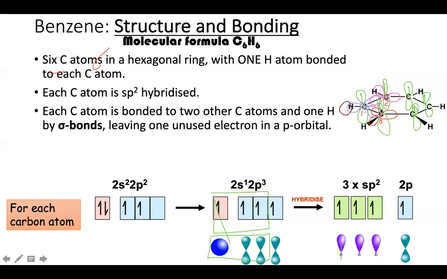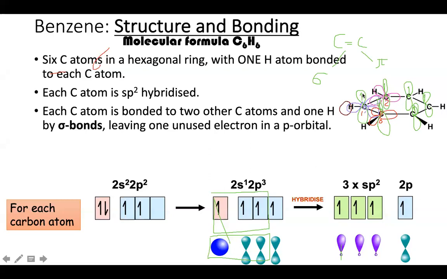Okay, if you remember, a C double bond C consists of 1 sigma and 1 pi. So going back to the pi bond, a pi bond is an overlap between one p orbital of one carbon, carbon 1, and the p orbital of carbon 2.